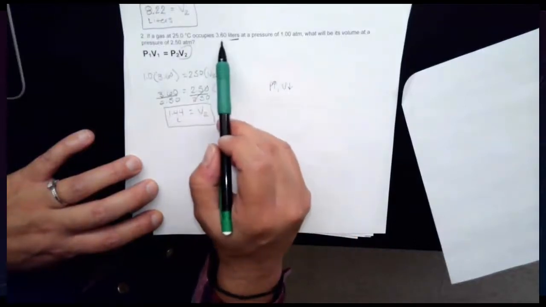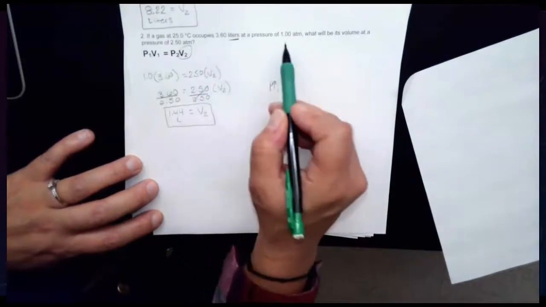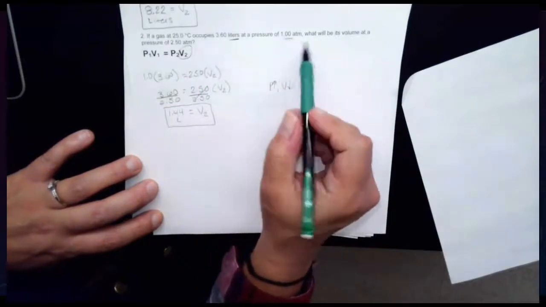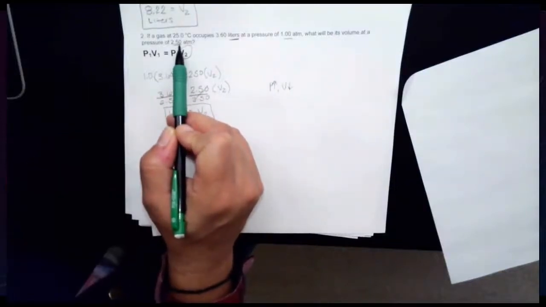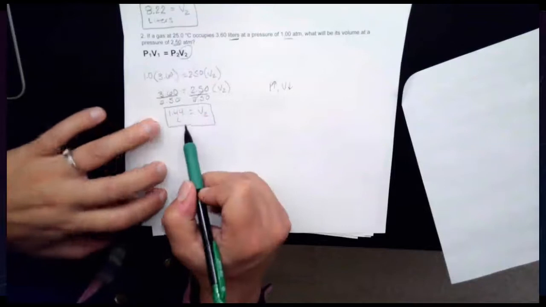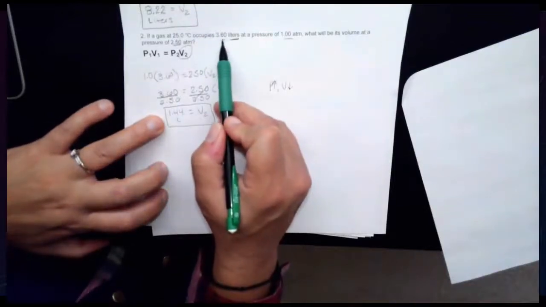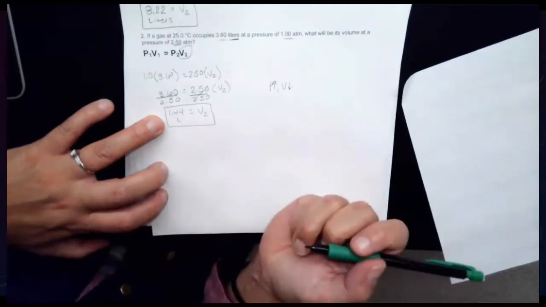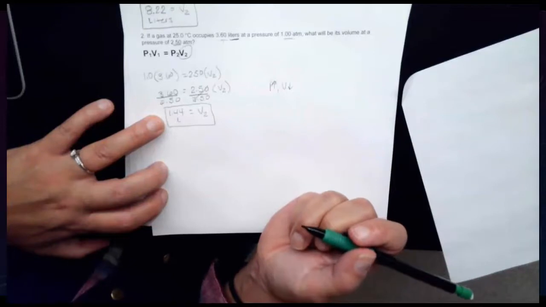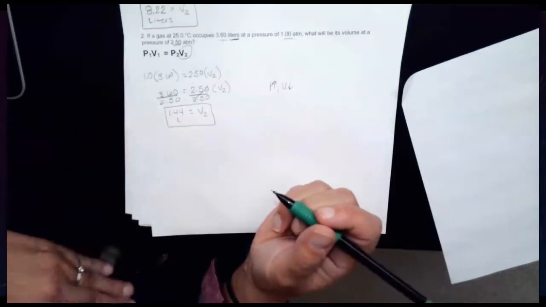Starting at a pressure of 1.0 atmosphere, if we're going to increase the pressure, then we need to think to ourselves, well, if pressure is increasing, then we know that volume is going to decrease because they work opposite. And then check, well, we started with this volume, 3.60, and we ended up with a lesser volume, 1.44. So that answer actually makes sense. So it's an easy way to check your responses.